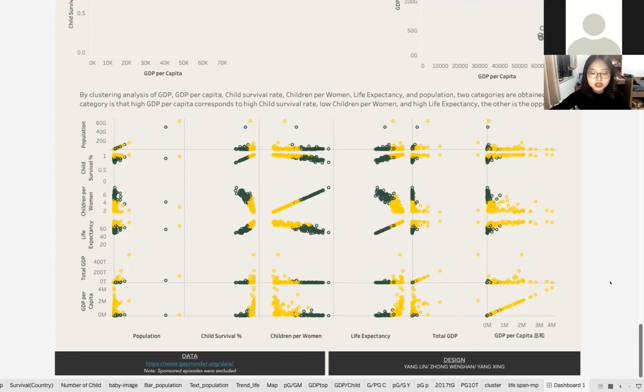And the other is the opposite. Therefore, after the above data analysis, it can be concluded that a high per capita GDP will have a positive impact on child survival rate, child per woman, and life expectancy.